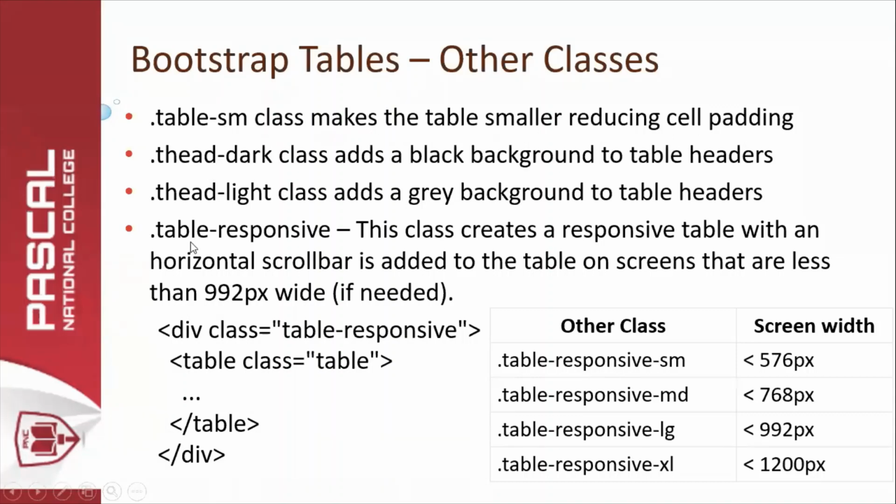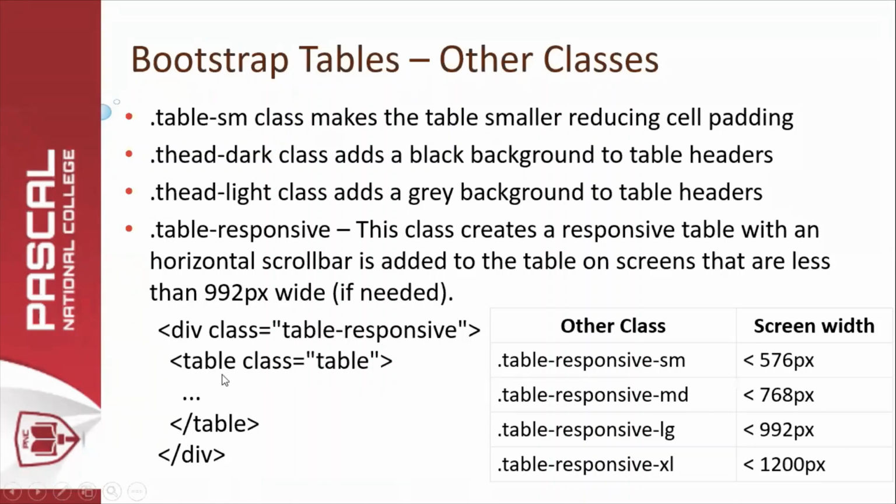Similarly, if you want to show your table with some responsive nature so that users can slide and scroll, and on the basis of that, the users can view your table data, for that case you will be using table-responsive. For this, you need to write it like this: div class equals table-responsive.